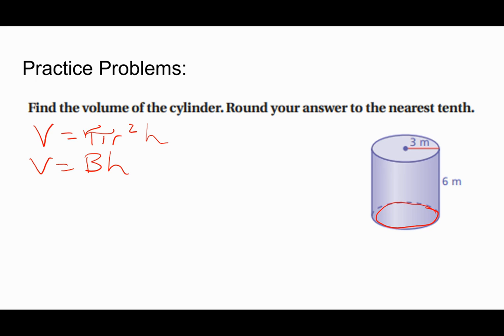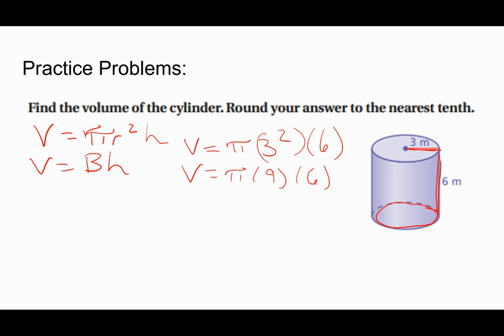So we're going to plug these things in. The volume equals pi, and then our radius is right here, halfway across our circle, which is 3 squared. We're going to times how tall this is, times 6. So the volume equals pi times 9 times 6.